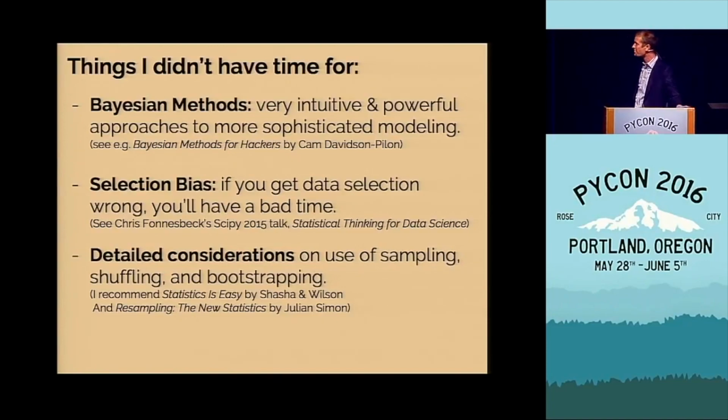And then for detailed considerations of these sampling, shuffling, and bootstrapping approaches, there are a couple of interesting books out there. I'd recommend taking a look at Statistics is Easy by Shasha and Wilson, and also Resampling: The New Statistics by Julian Simon. They're excellent ways to dig into more of the meat of these approaches, because there are some subtleties that you have to worry about.